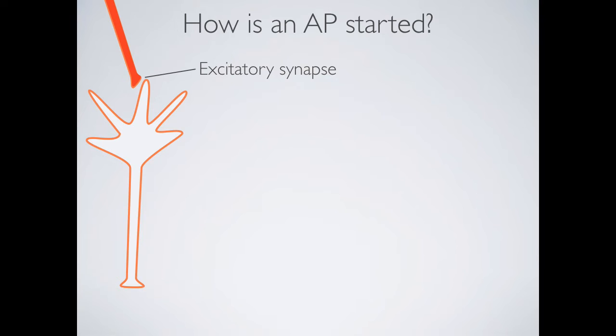We have a presynaptic cell, we have this little cleft, and on the postsynaptic side, we have voltage or ligand-gated sodium channels that allow for the diffusion of sodium into the interior of the cell upon release of that neurotransmitter. Now that, again, is going to create a depolarization. And if that depolarization is enough to get the voltage-gated sodium channels in the axon to reach threshold, then we're going to create an action potential.